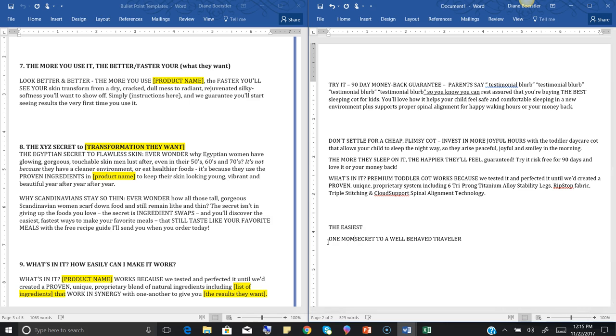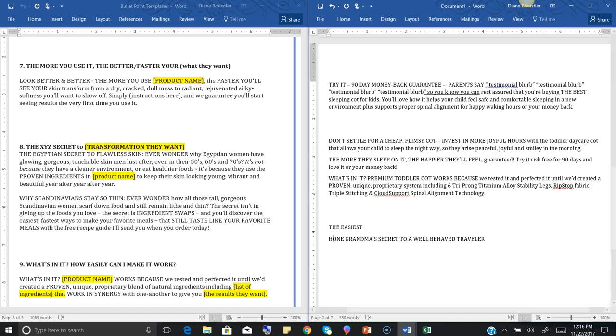You could say one mom's secret to a well-behaved traveler, jet-setting family's secret to a well-behaved traveler. I like that one. We didn't see jet-setting, no. Let's say one grandma's secret to a well-behaved traveler. So you'd say, let's see, you could say the secret in front of that, but we can always pull something else out.